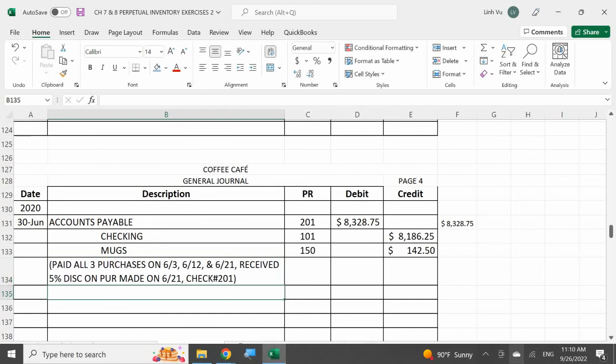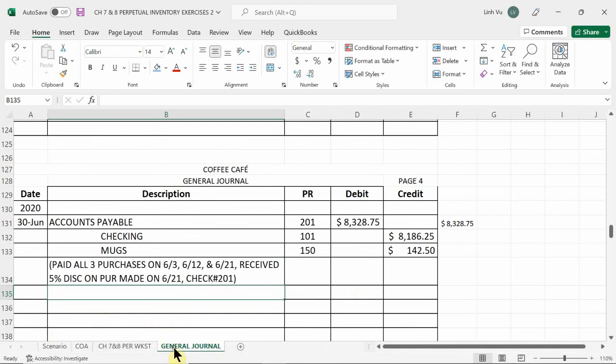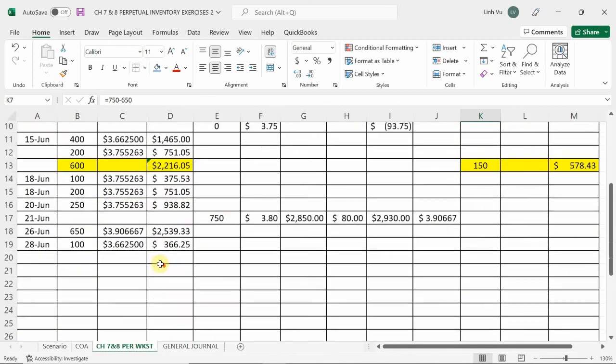Okay? Now here, I have to also make one more adjustment to my inventory because in this case, I paid for my last batch at a discounted price. So in this case, I discounted it by $142.50. So therefore, I need to go to my inventory worksheet and resolve that.